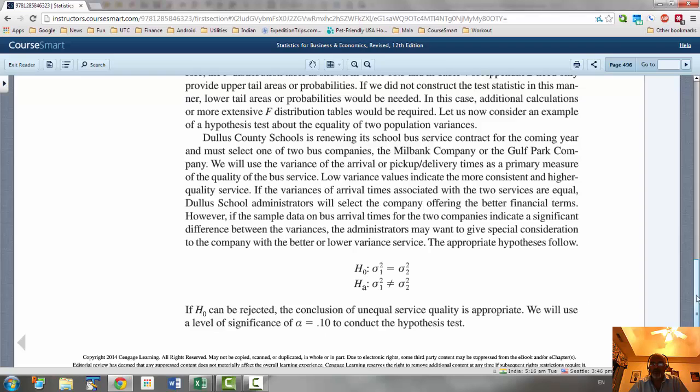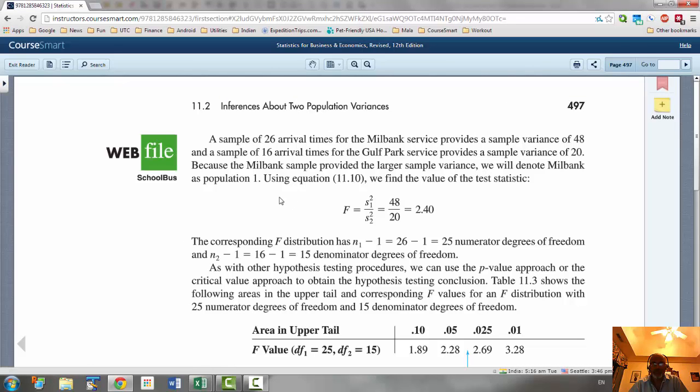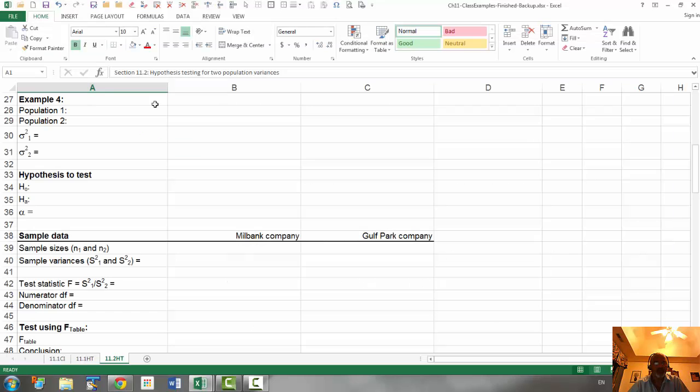And we have sample data, which is right here. It's 26 arrival times for Millbank, 16 arrival times for Gulf Park, gives respectively a sample variance of 48 and 20. And we want to test whether the variances are same or different. So let's set up the two population variances.